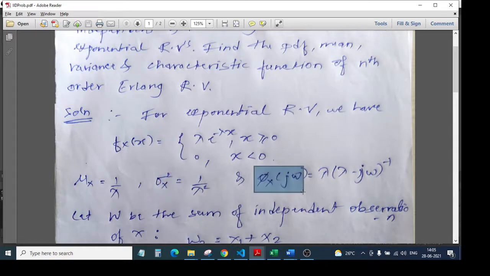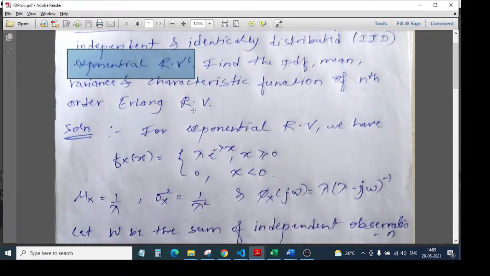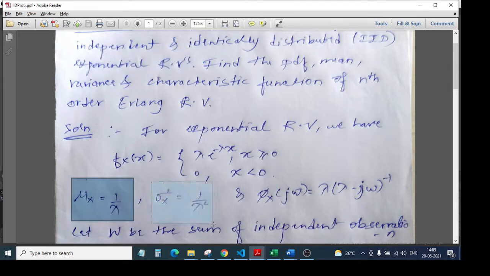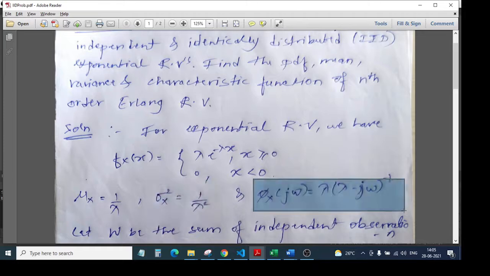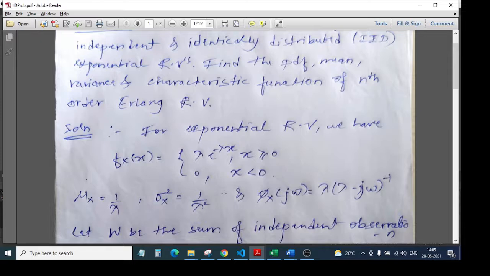We need to remember these, and these are of IID exponential random variables. Its mean is 1 by lambda, its variance is 1 by lambda square, and its characteristic function is lambda into (lambda minus j omega) raised to minus 1. This whatever we are seeing right now has been covered in the previous problem. We have solved a problem on this.